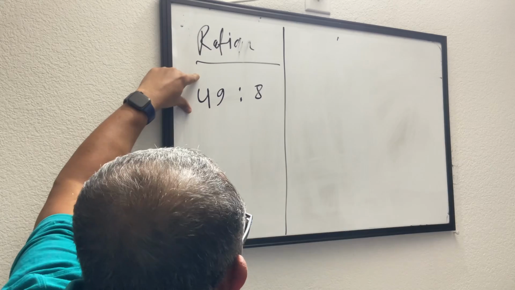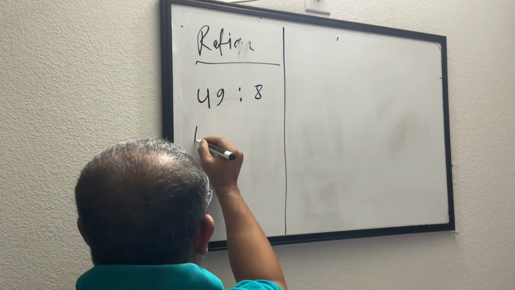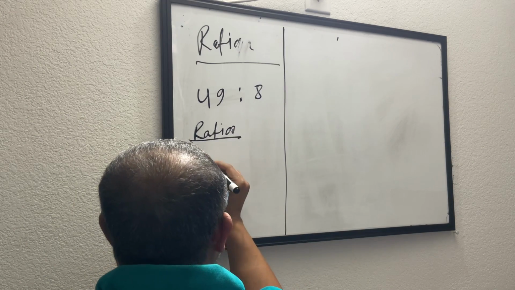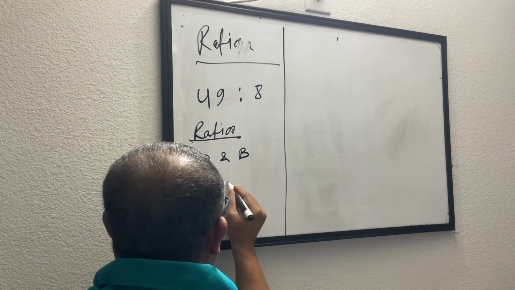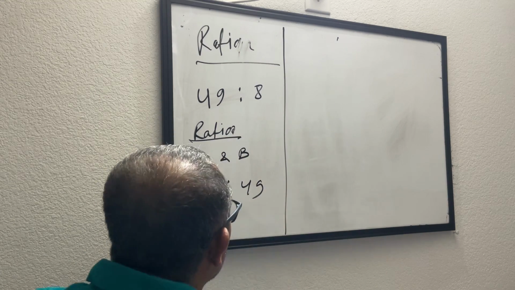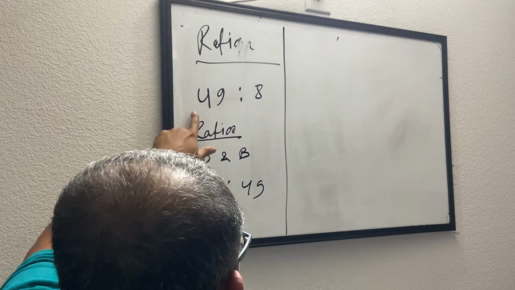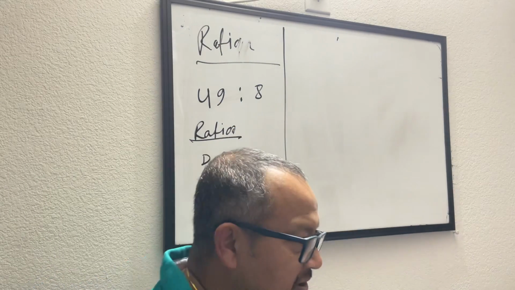This is the ratio of age between me and Diksha. If somebody says find out the ratio of age between Diksha and Biren, that will be 8:49. So when you compare Diksha against my age or my age against Diksha's age, this is how you represent it. This is the representation part.